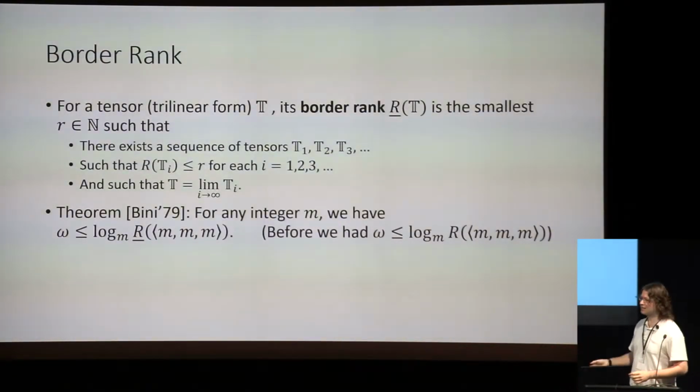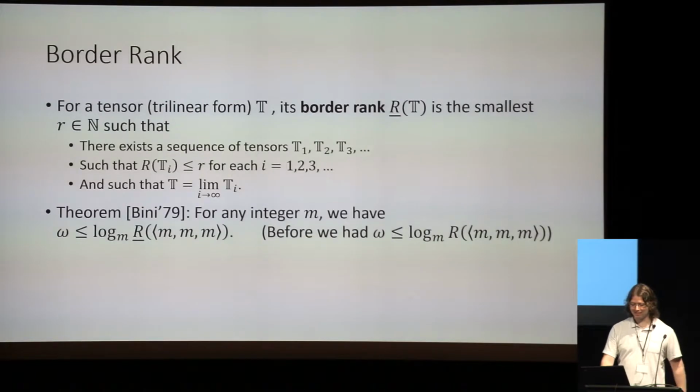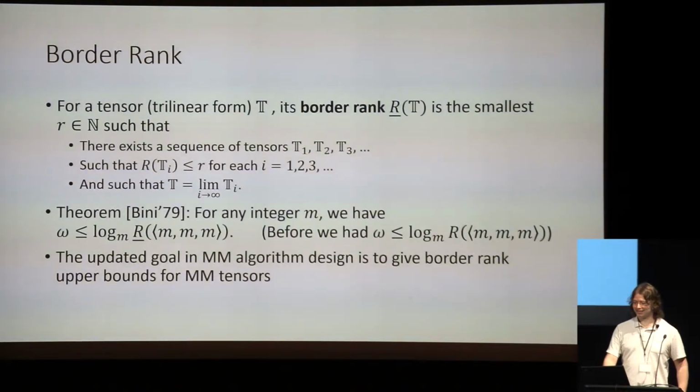And it's not hard to see, the border rank can often be smaller than the rank. So this is seemingly an easier way to go about proving these bounds on omega. So our updated goal now is to give bounds on the border rank of matrix mult tensors.